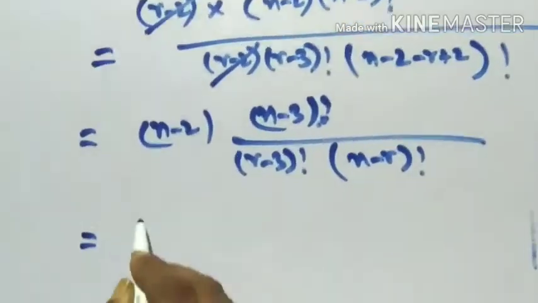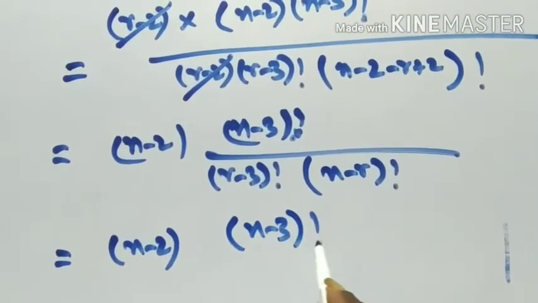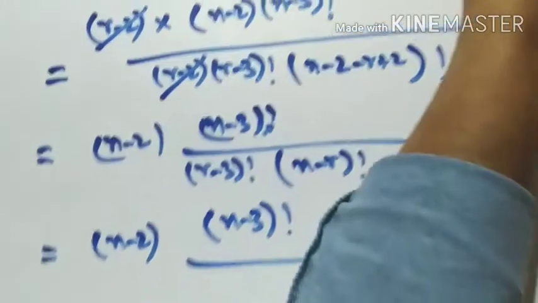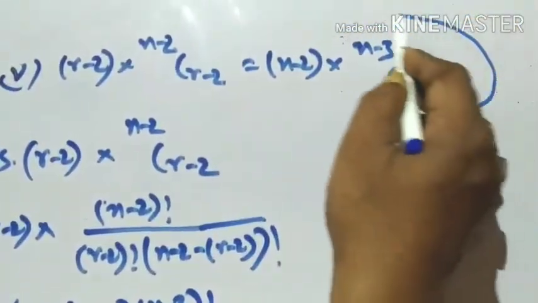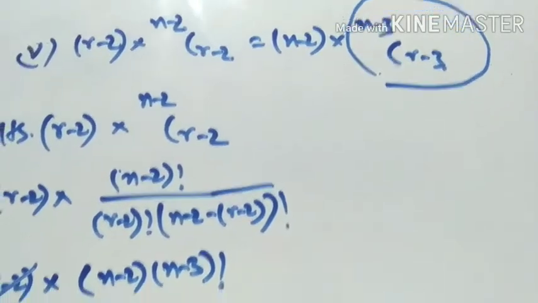Here we can make a slight arrangement. This arrangement has been done in order to bring (n minus 3)C(r minus 3).